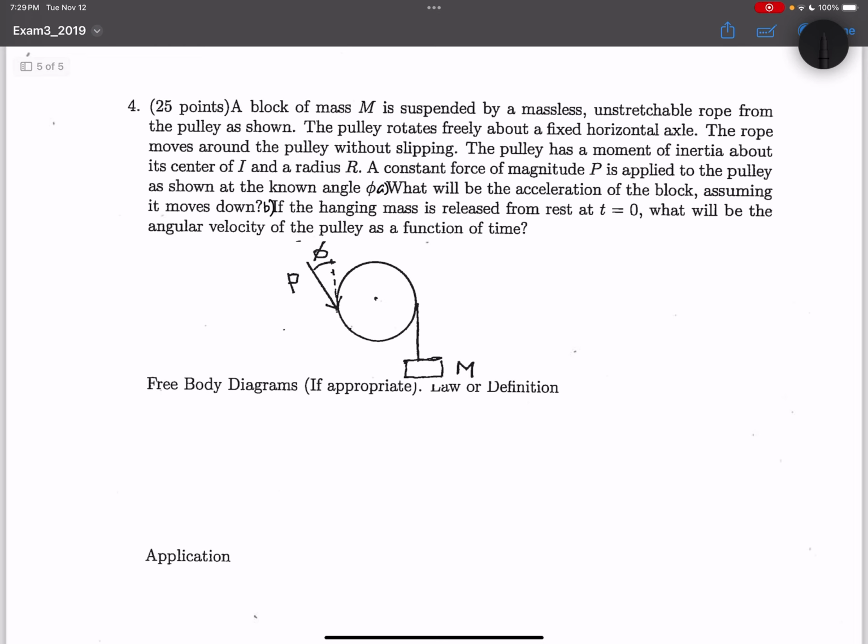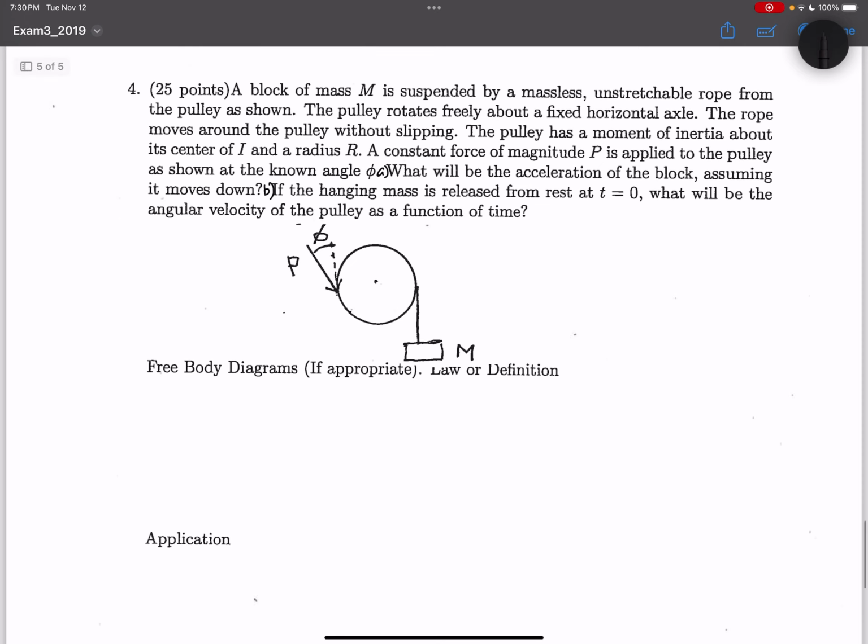Okay, cool. So what we want to do here is make our free body diagrams. So we have our pulley. It's going to have this force P on it, and it's going to have this tension force pulling down.